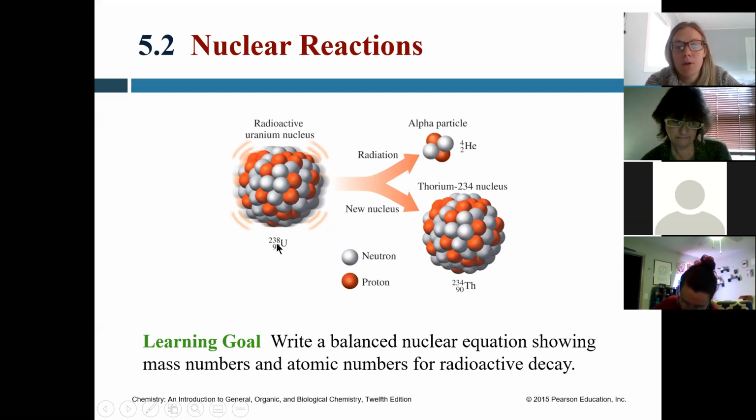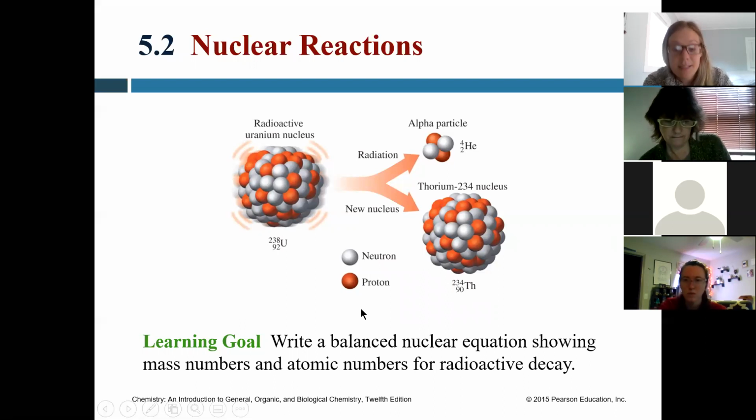So here I had a number of 238 on the top. So the combination of 4 and 234 needs to total that 238. The same thing is true for the charge, the proton number, on the bottom. 92 on the bottom. So my 2 here and my 90 here need to equal that. 90 plus 2 gives me that 92.